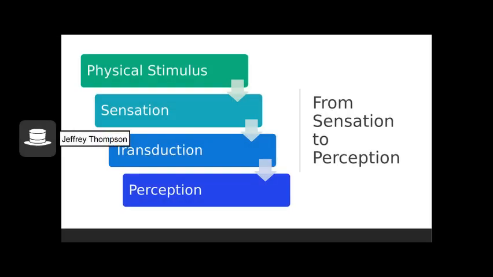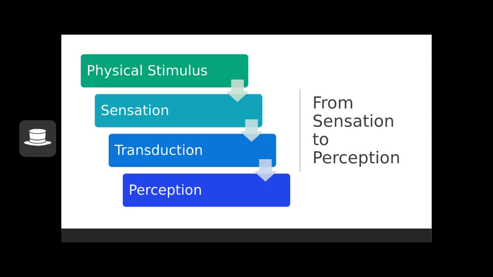So, sensation refers to when our senses receive some sort of input, right? It could be light for your eyes, it could be pressure on your hands if you're holding something, or the vibrations that are hitting your eardrums right now, allowing you to hear what I'm saying. These are senses.